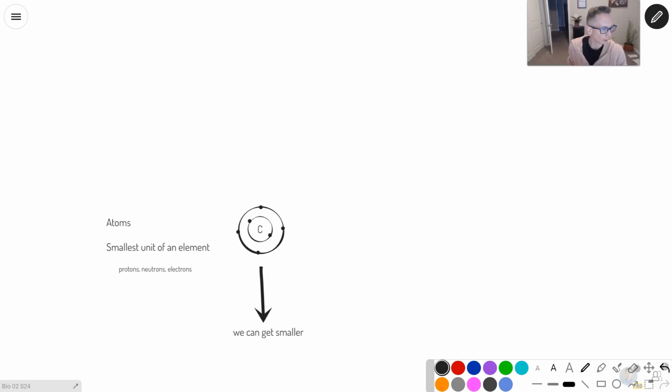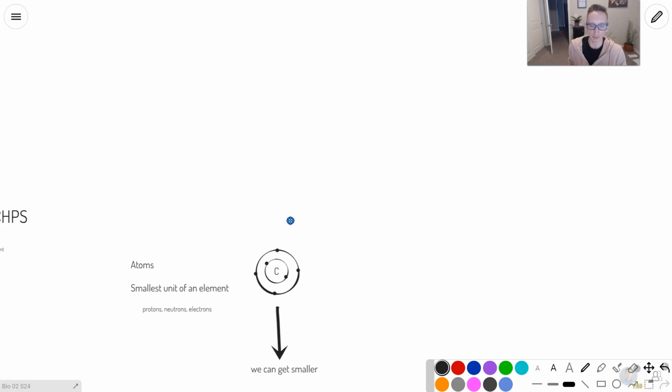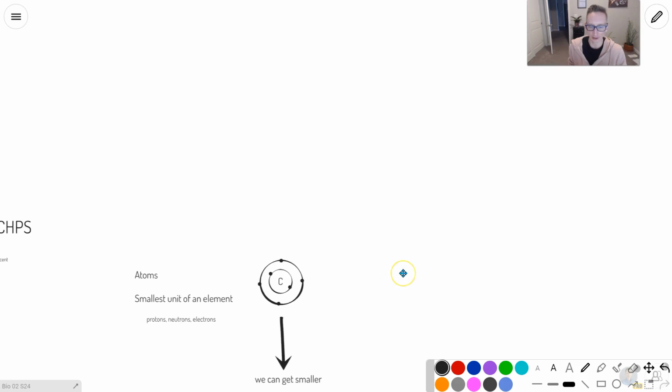All right, well, then we go up from here, and what do we get? We got a molecule. So we take a couple atoms and smush them together, and we'll make, well, let's make water. We were talking about water. Let's go ahead and just make that one. So water will look something like this. We got 2 hydrogens and an oxygen.